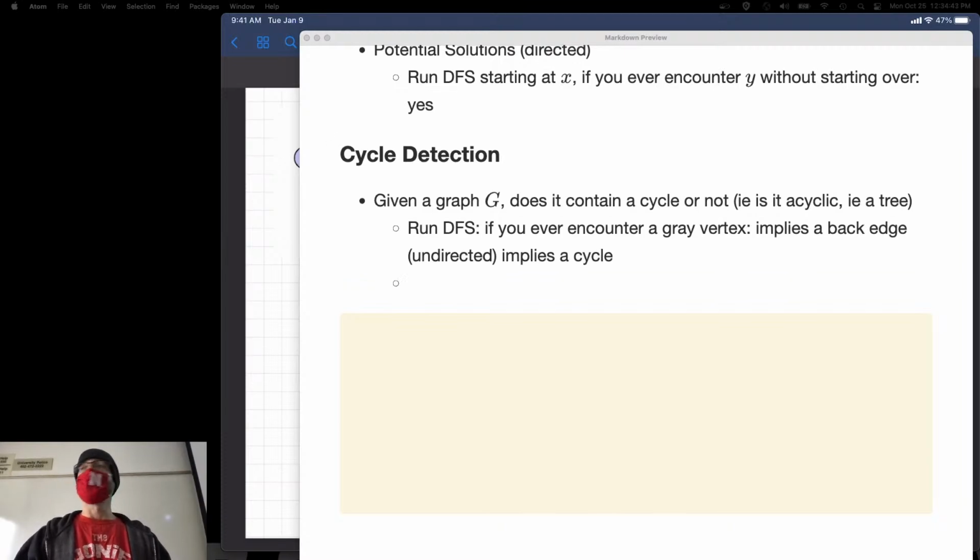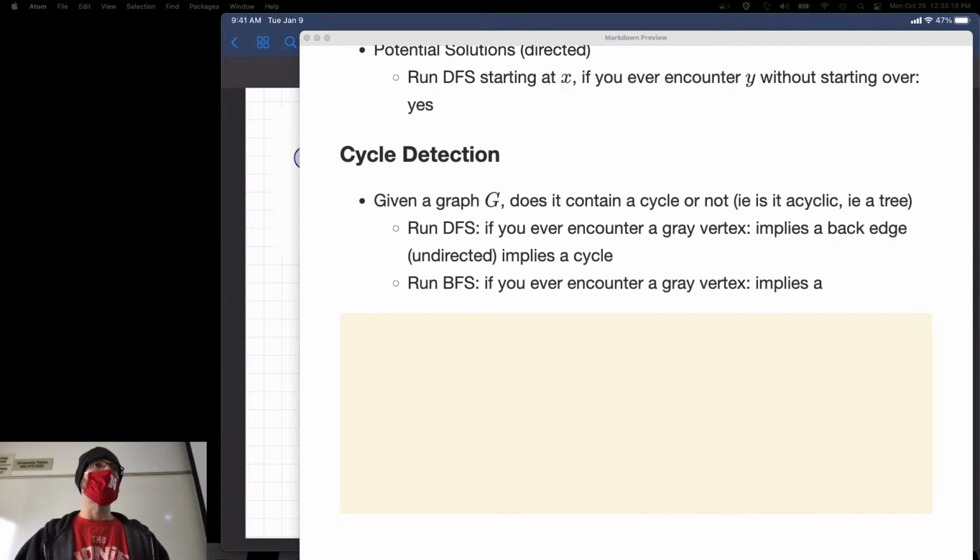What's another way that you could do this? Run BFS. If you ever encounter a gray vertex, it implies not a back edge in this case.